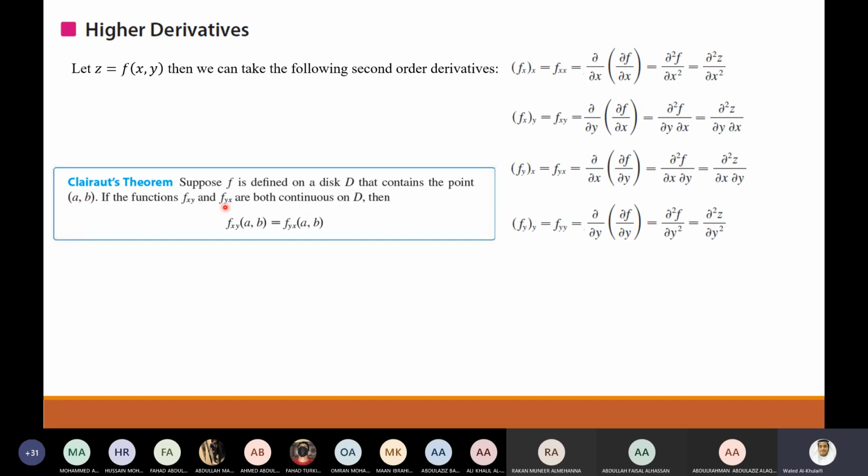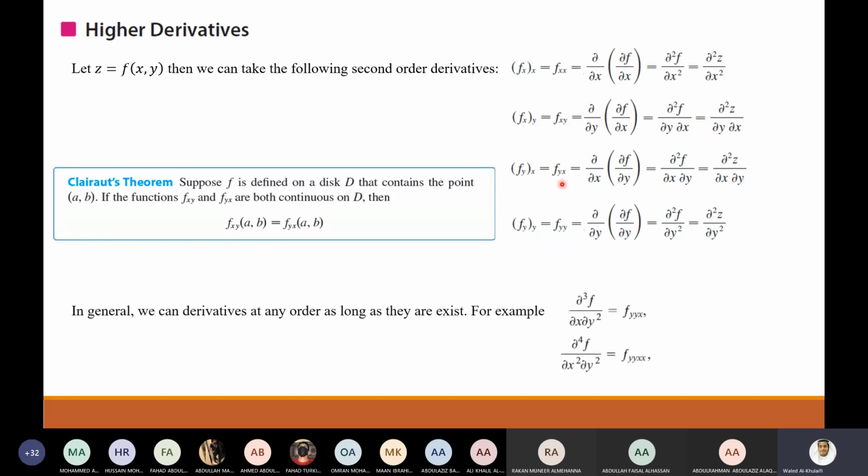If the functions fxy and fyx, these second order derivatives, are both continuous on this domain D, then they are equal. So meaning that if fxy and fyx are continuous, then they are equal. In this case, it doesn't matter the order, fxy or fyx, whatever.